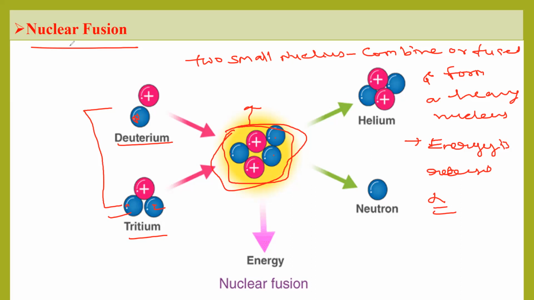So we can say that in a nuclear fusion reaction, two small nuclei combine or fuse together and form a heavy nucleus, and during this process a huge amount of energy is released and subatomic particles are also released, like helium, meaning alpha particles, or neutrons. So this is the nuclear fusion reaction.